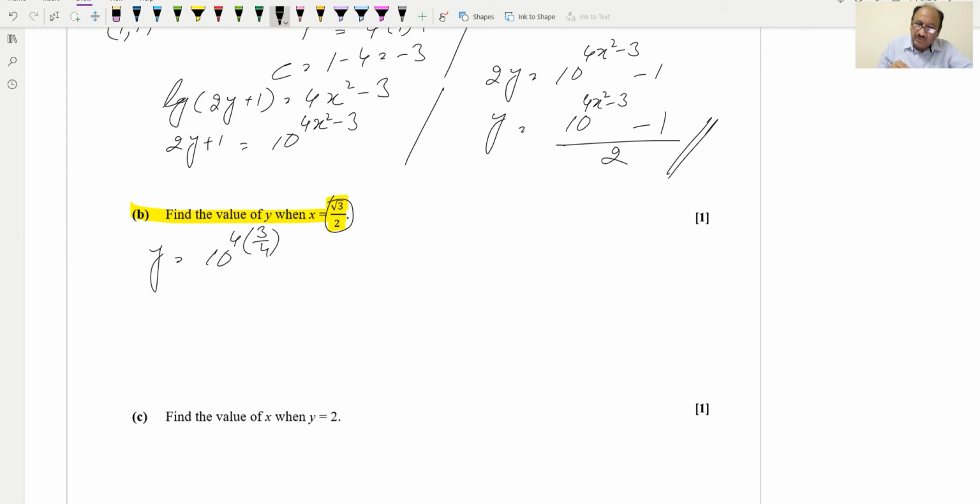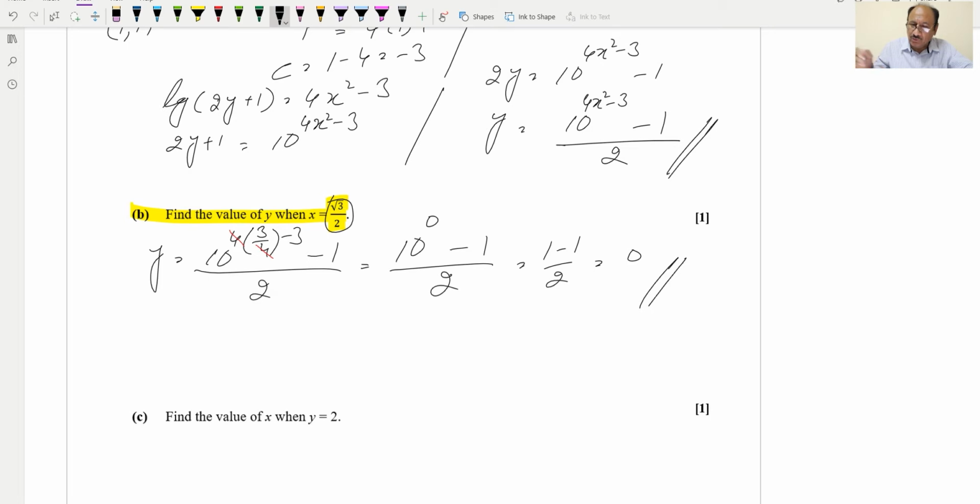We can write this in square directly. I'm writing minus 3 and minus 1 over 2, and this will be equal to, 4 will be cancelled, 4 will be cancelled, and it will be 10 raised to 3 minus 3 will be 0, and minus 1 divided by 2. So this will be 1 minus 1 divided by 2. So this will be equal to 0. This will be the answer for this part.